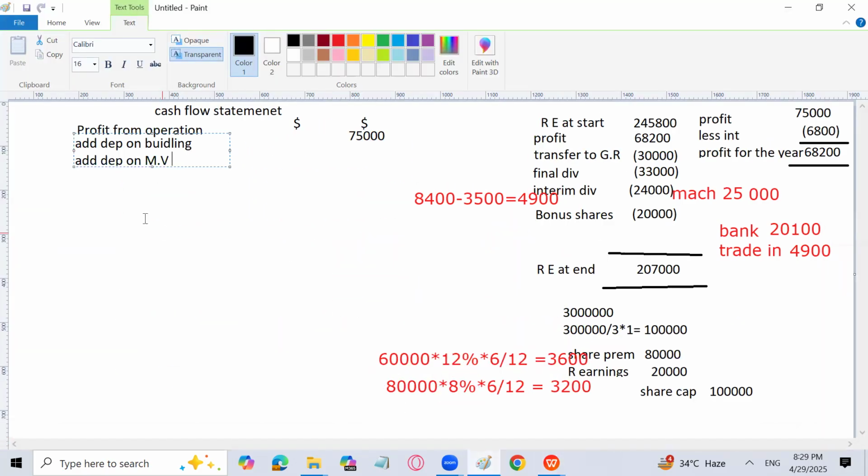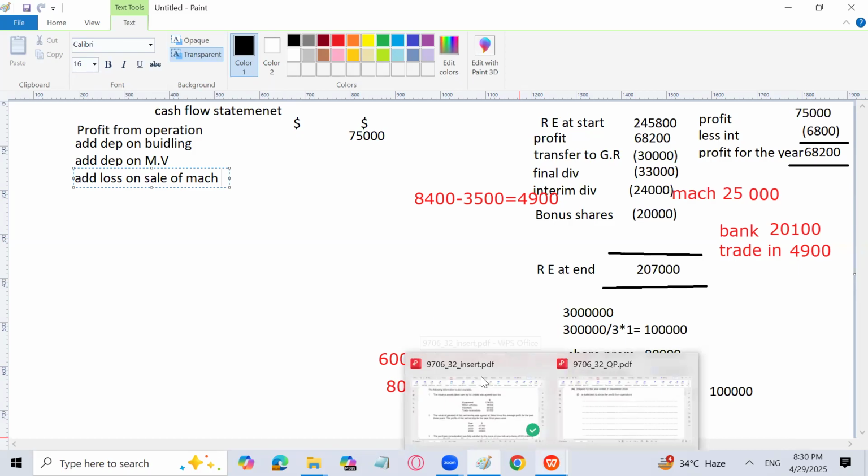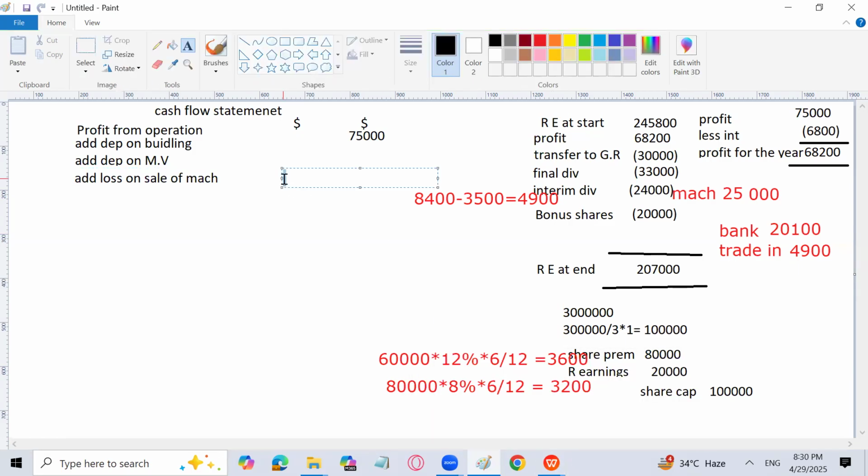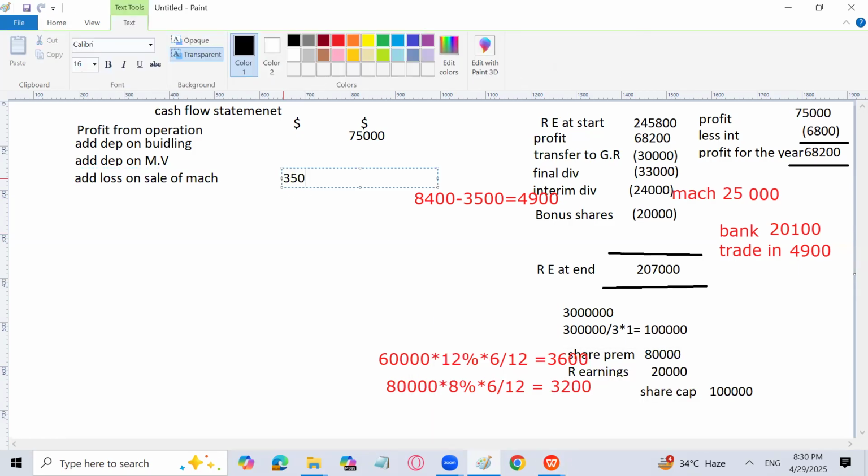I can add that, because these are all non-cash items. There is no cash outflow because of these items, so they are non-cash expenses, and they are going to be added. So loss on sale of machine will be added, and the loss on sale of machine is 3,500, if I'm not wrong, because loss is given, that will be added.